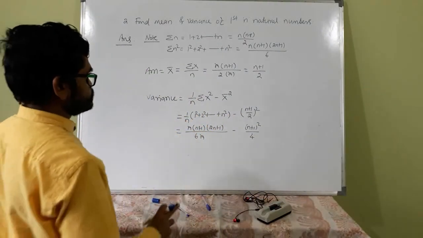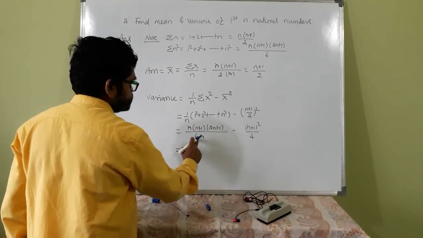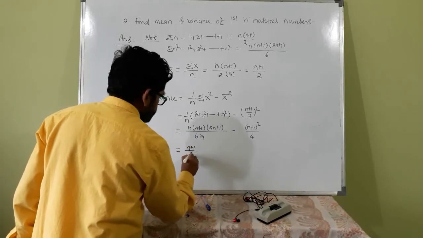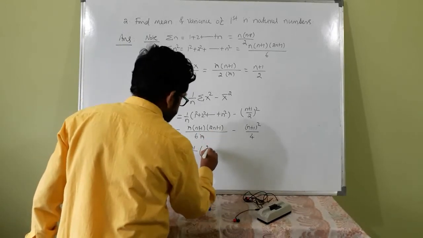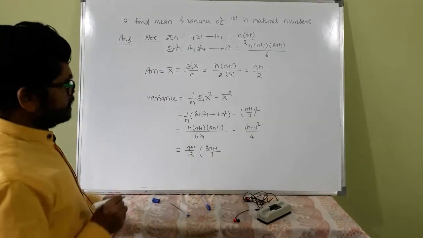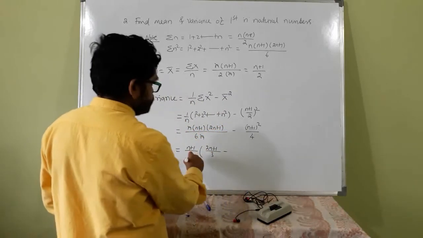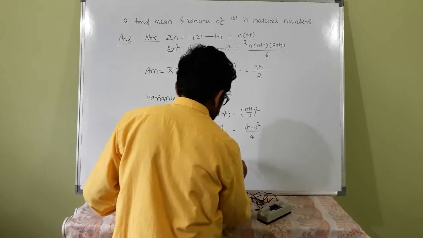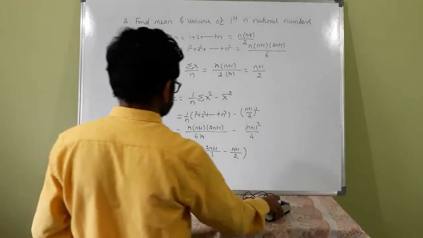Okay, see here, in order to simplify, n plus 1 by 6 is there, so you can take n plus 1 by 2 common. What remains? 2n plus 1, and 6 divided by 3 remains, means n plus 1 already taken outside, so n plus 1 divided by 2 remains. Now take the LCM of this.